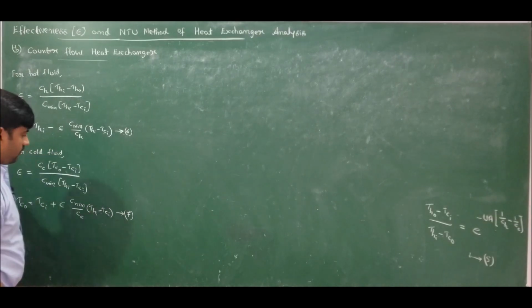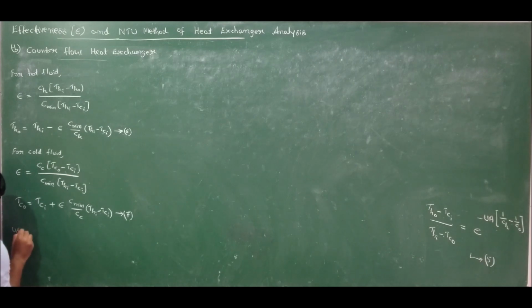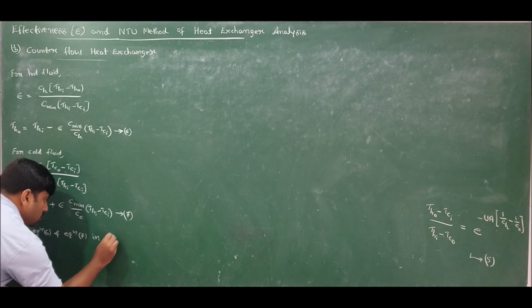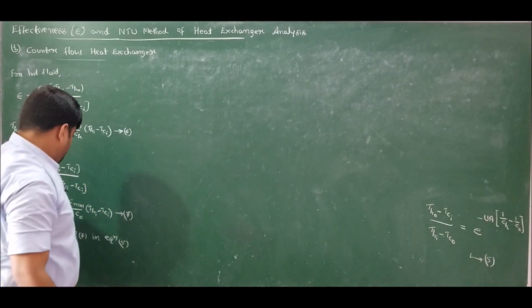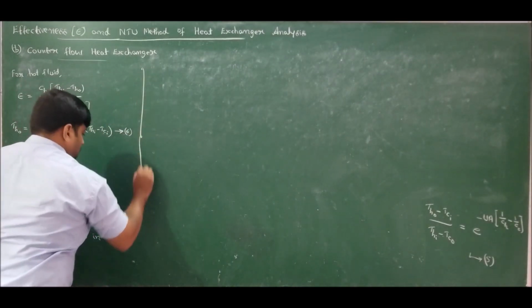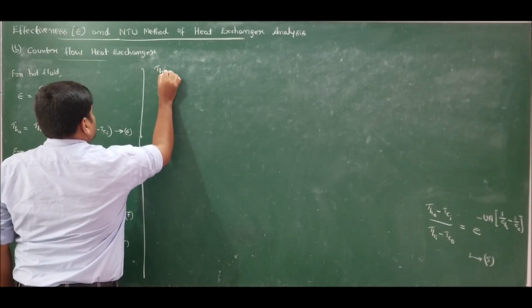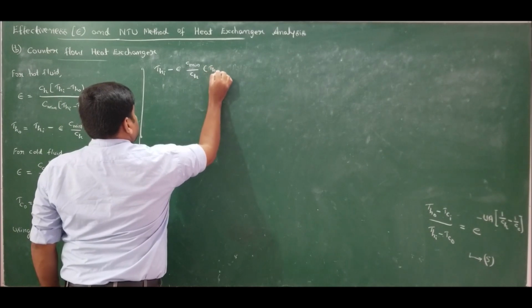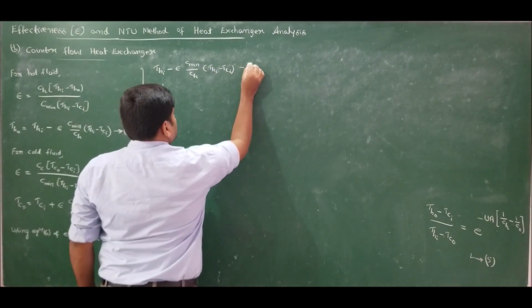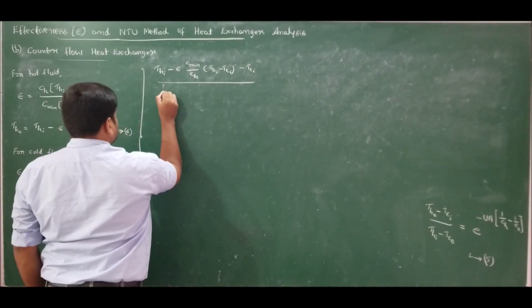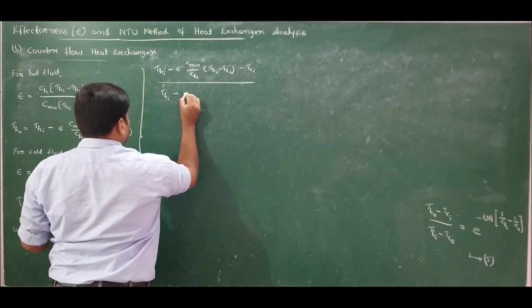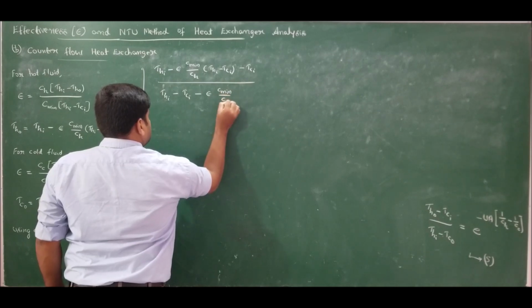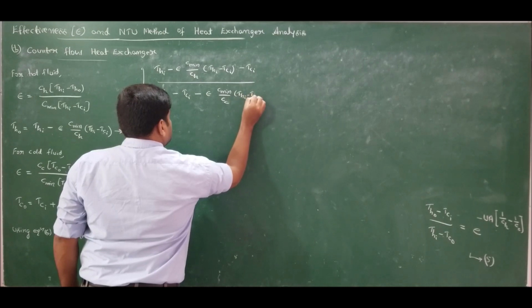Now use 6 and 7 in equation 5. So using equation 6 and equation 7 in equation 5, if I use these two equations and eliminate THO and TCO, I will get THO minus TCI, that is THI minus epsilon C minimum by CH times THI minus TCI minus TCI, divided by THI minus TCO, which will be THI minus TCI minus epsilon C minimum by CC times THI minus TCI.